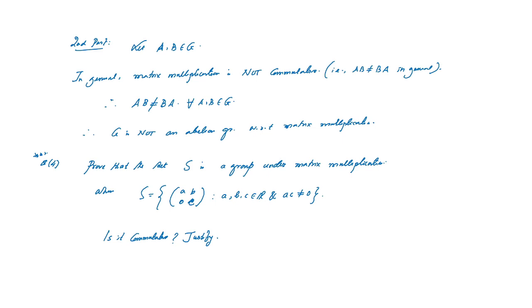So we have to prove here that this is a group, and then we will check whether it is commutative or not. So what is exactly given for the set S? Come to the solution now. S equals all the matrices of the form [A, B; 0, C] such that A, B, C are real numbers and A, C are non-zero.